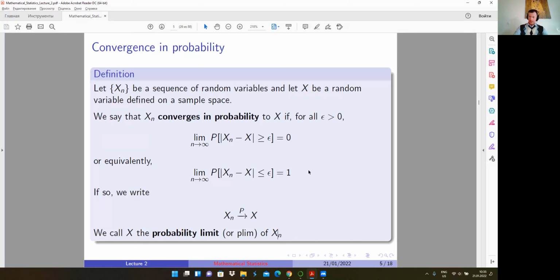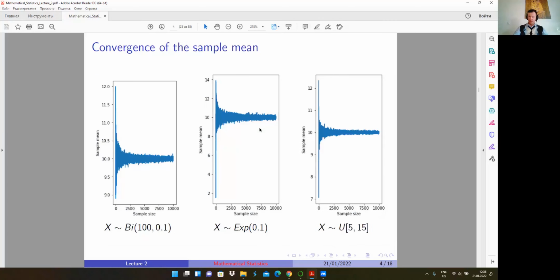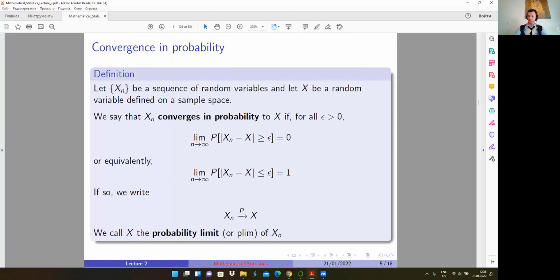Be careful. What we had on the previous slide is not exactly what we have here, because there we had a particular realization of a sample for each sample size, so only one realization for each sample size. Here we have a slightly different thing. Assume that I want to take a sample size of, let's say, 1000, and I want to calculate the sample average.